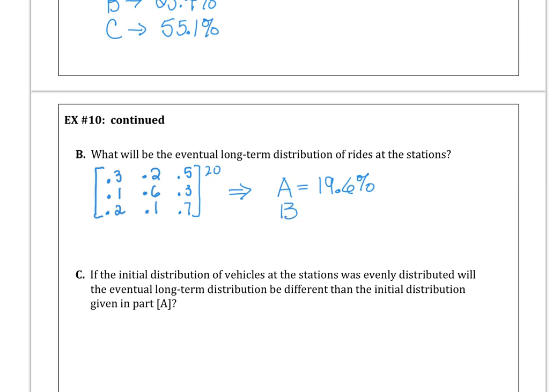And B was 0.23913, so 23.9% for station B. And then for C, it gave us 0.565, point C, 56.52, so 56.5% for C.